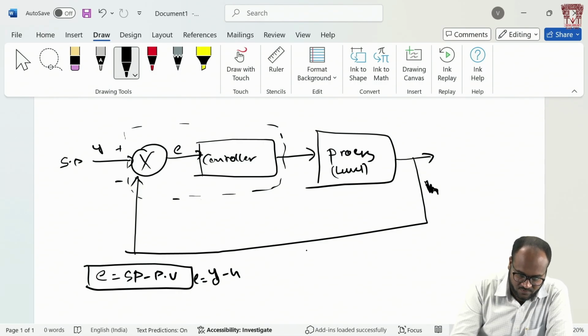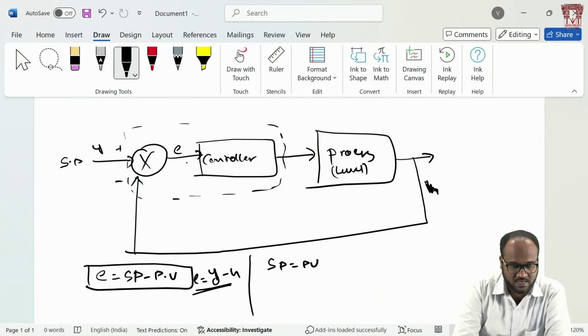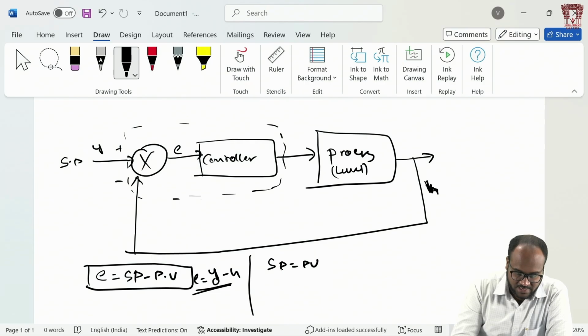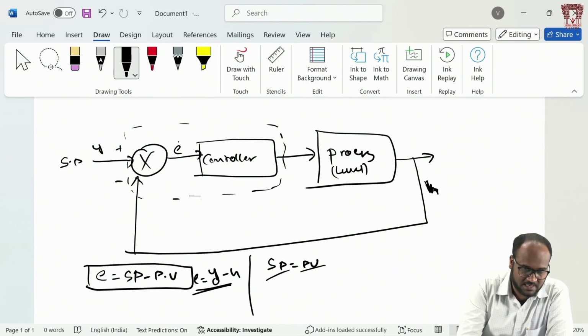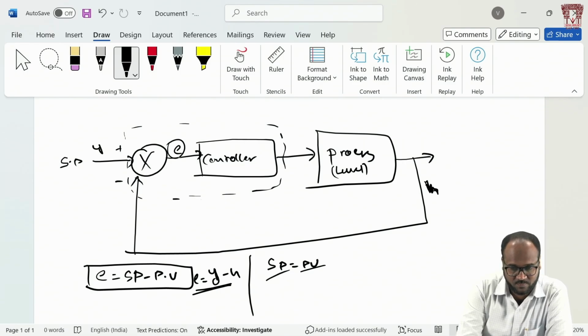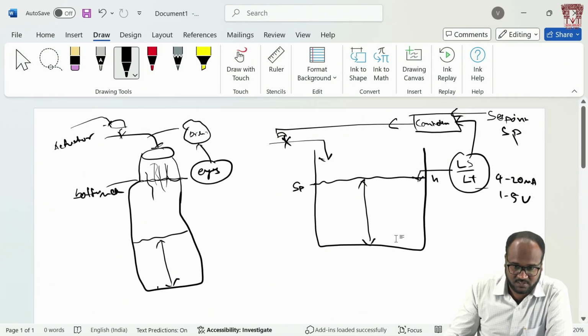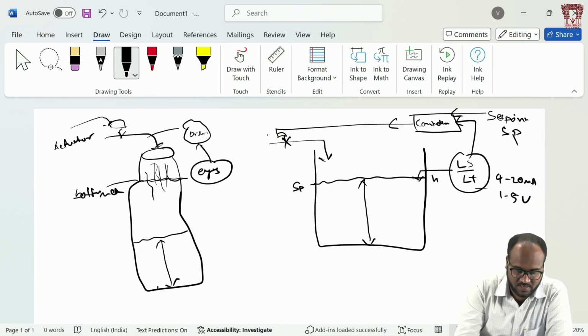When set point is equal to process variable, this error signal will be 0. In that case, no control action will take place. When there is a deviation of the process variable from the set point, an error signal is generated, and based on the magnitude of this error signal, the controller performs the control action on the manipulated variable.